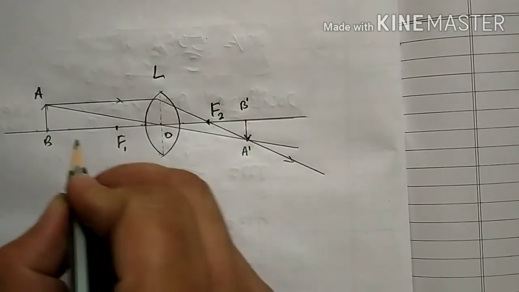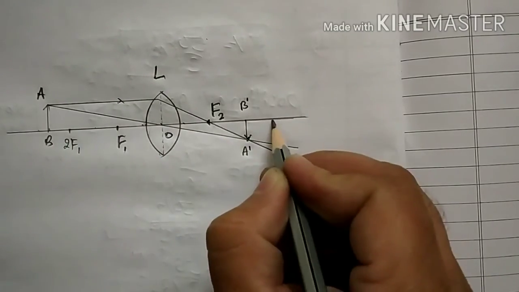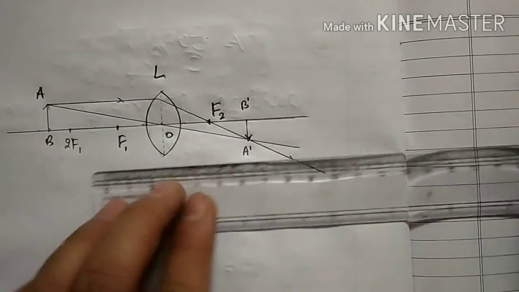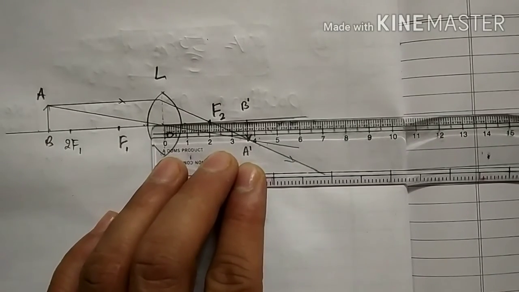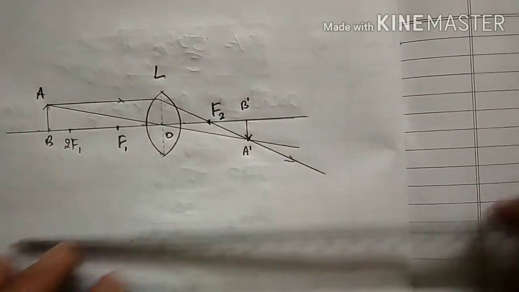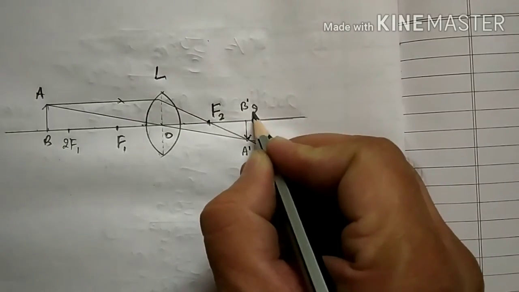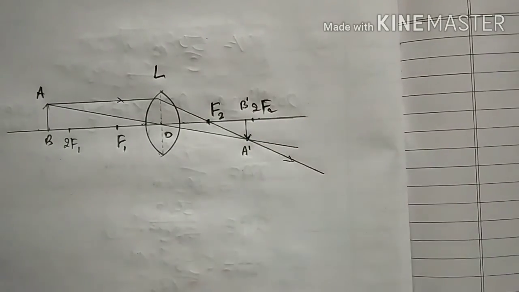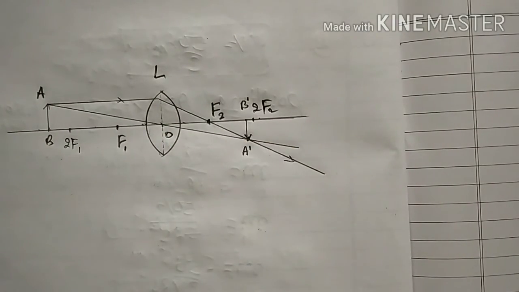This will be 2f1, and around here it will be 2f2. I hope you understood well the ray diagram of the question also.